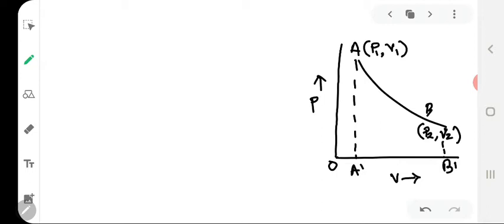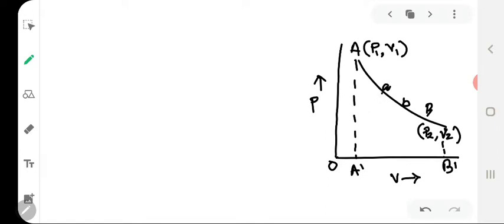So let us consider any point a on the indicator diagram, and P and V be the values of pressure and volume corresponding to it. Suppose that volume increases to V plus dV corresponding to point b on the indicator diagram such that the pressure remains constant.